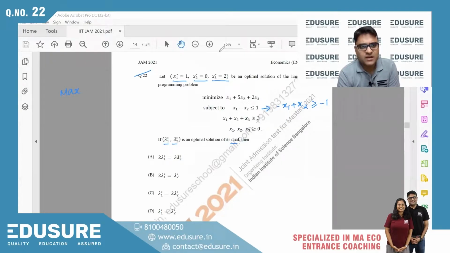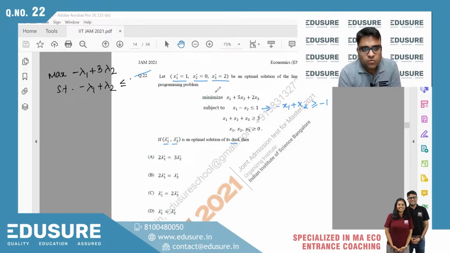Let's use a different color. Okay. So this is minimize, it will become maximize. Here it is minus 1 and 3. So maximize minus lambda 1 plus 3 lambda 2 subject to minus x1 and plus x1, right. So minus lambda 1 plus lambda 2 less than equal to 1, that is the coefficient of x1.